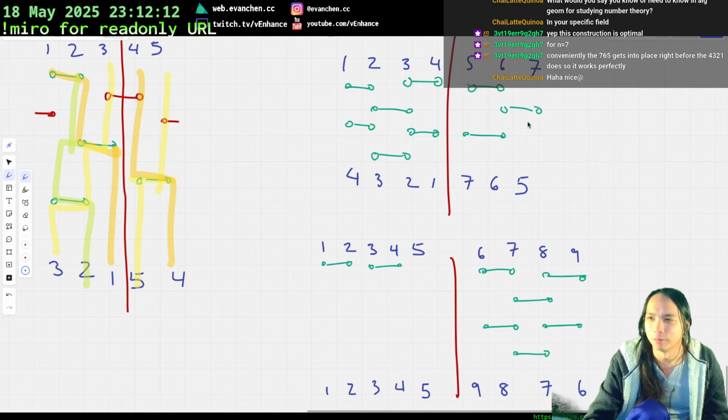Okay, I just need to figure out what the general... I figure out how to generalize the even one, I need to figure out how to generalize the odd one.